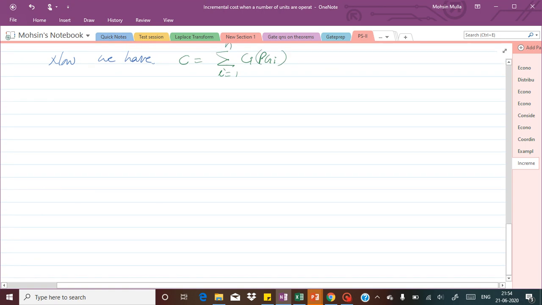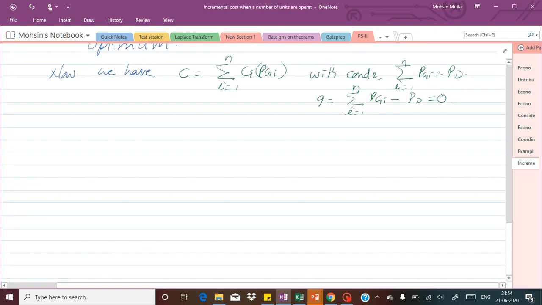This has one condition: summation of i equal to 1 to n Pgi equal to Pd, or we can write this as g, and this g is nothing but summation of i equal to 1 to n Pgi minus Pd equal to 0.